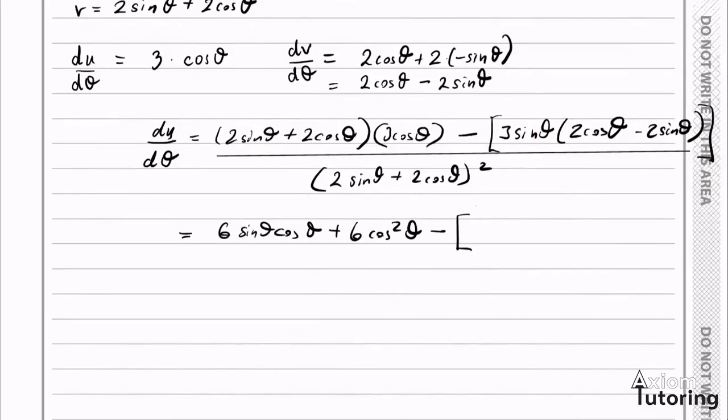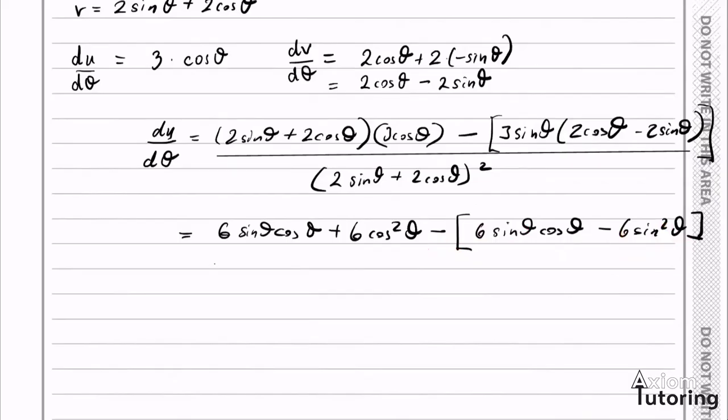So here we have minus 6, so 3 sine theta times 2 cos theta, that's 6 sine theta cos theta. And then we have 3 sine theta times minus 2 sine theta, that's minus 6 sine squared theta, like that. And so now you can see this term will have a negative sign in front of it, but this term actually becomes positive because we're doing a negative of a negative term there.